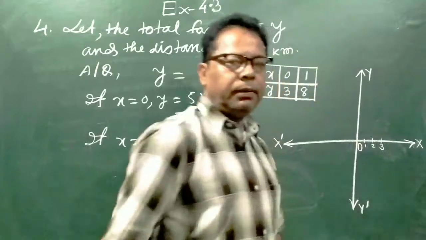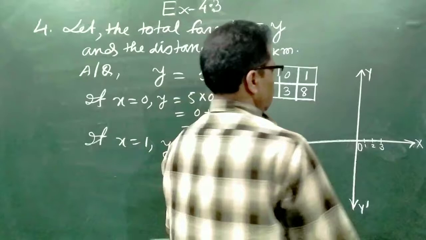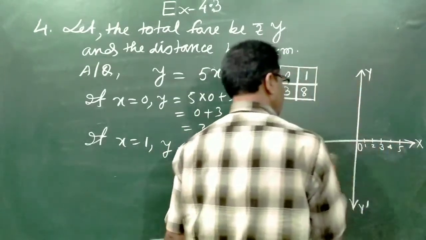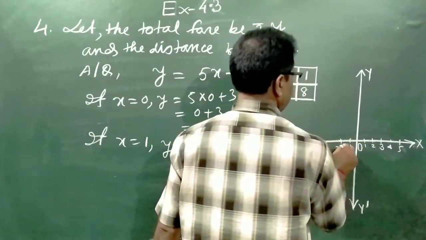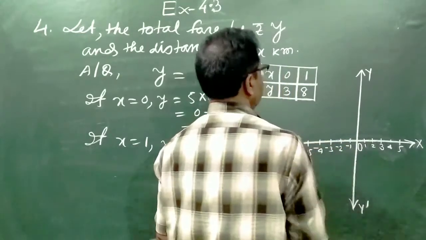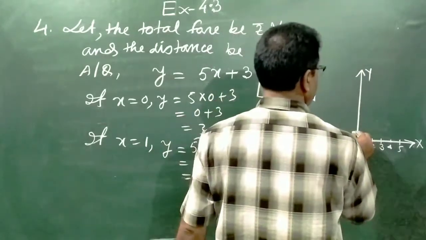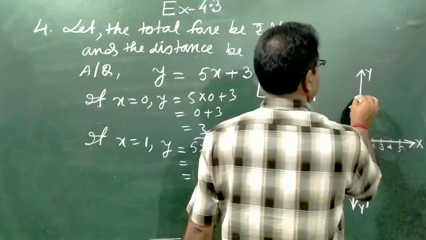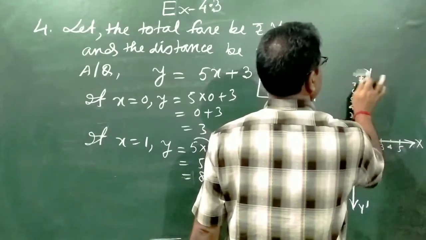You all have graph paper, use graph paper, use one big square as 1 unit, then 1, 2, 3, 4, 5 in this way going, and the left side of the x-axis is negative: minus 1, minus 2, minus 3, minus 4, minus 5, in this way it will go on, and the upside of y is positive. This is 1, 2, 3, 4, 5, 6, 7, 8, in this way it is going.